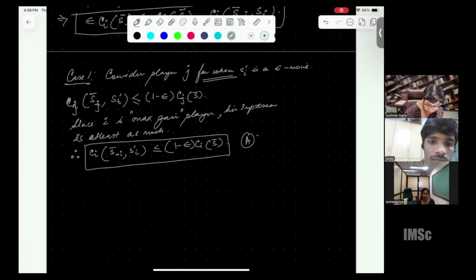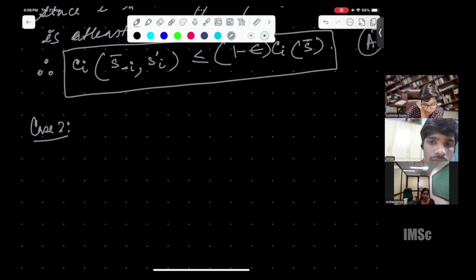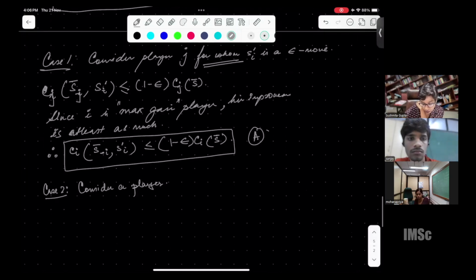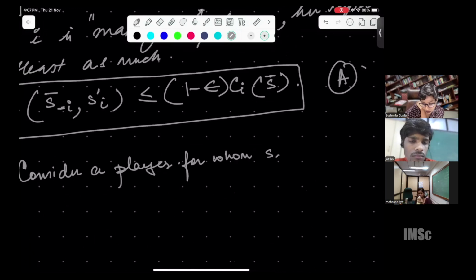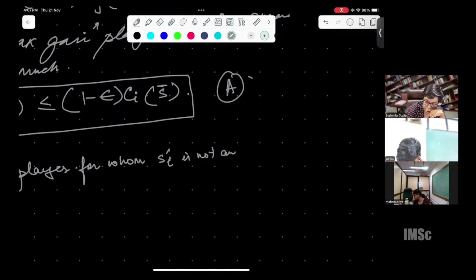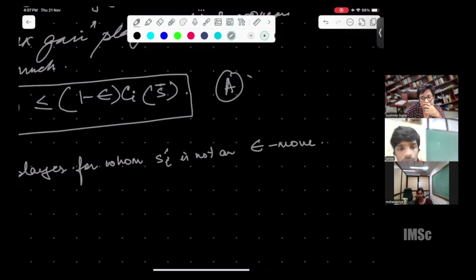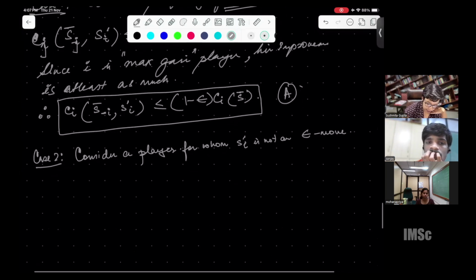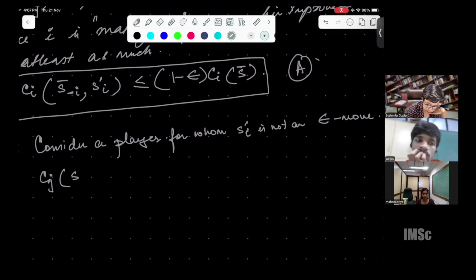Now, what did I write? Case 2. Consider a player for whom S prime I is not an epsilon move. Okay. So then, what can I say? It must be that this player changes. See, they are all changing to the exact same strategy S prime I. Somebody is experiencing an epsilon move. Some people are not.